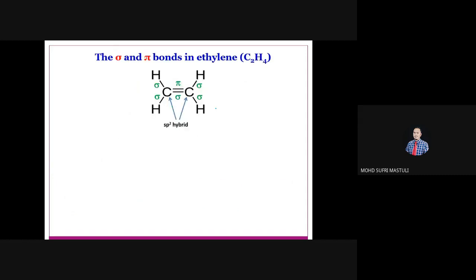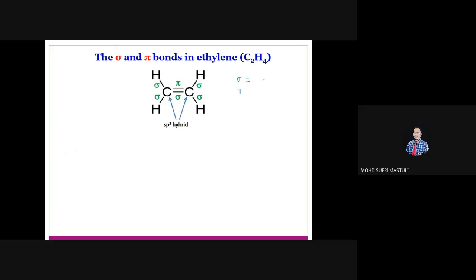Okay, go to this another example, ethylene. We know the double bond has 1 sigma and 1 pi, and the single bond is also a sigma bond. So you can count how many sigma, how many pi. So sigma 1, 2, 3, 4, 5.